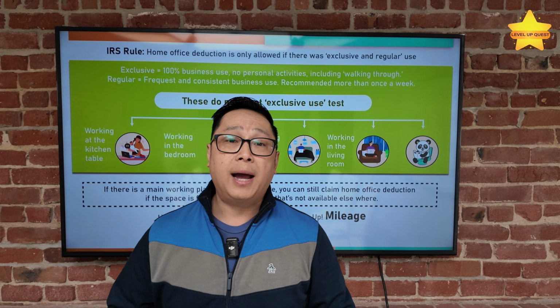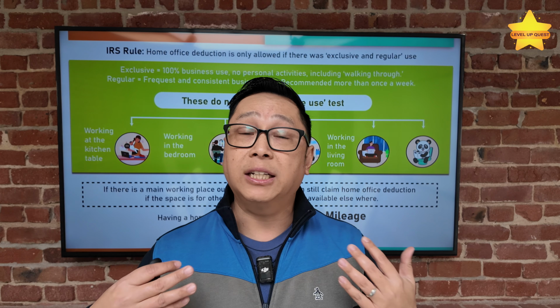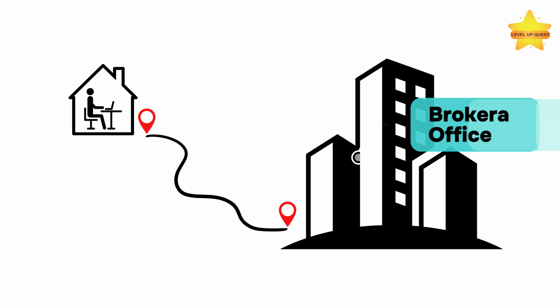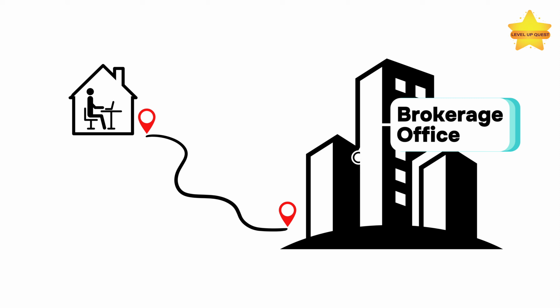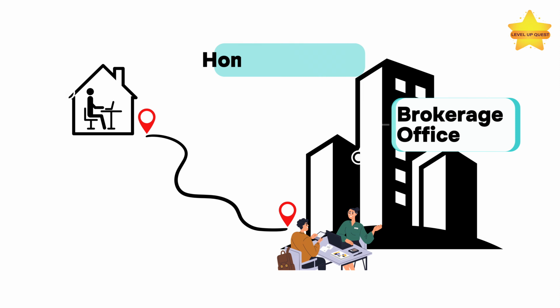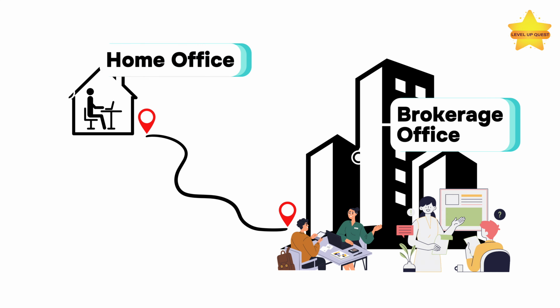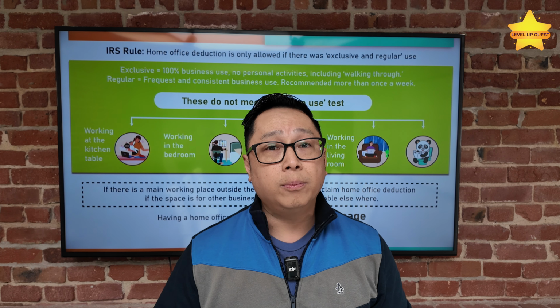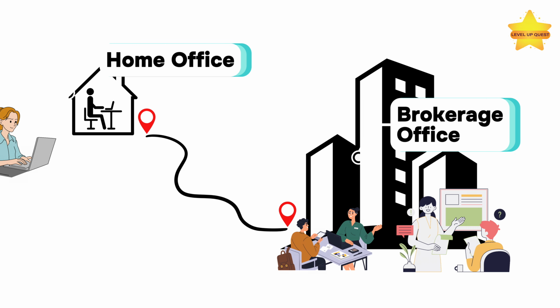So a good example, I had a real estate agent client where she goes into the brokerage, so that's an office outside of her home, and she goes there to meet with clients. They have all the client meetings in there, the presentations, and that's what she uses the brokerage offices for. But in the home office, she actually goes back home, and this is where she does her real estate research.